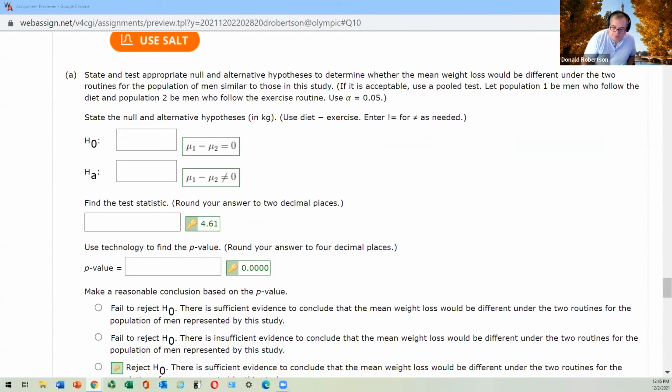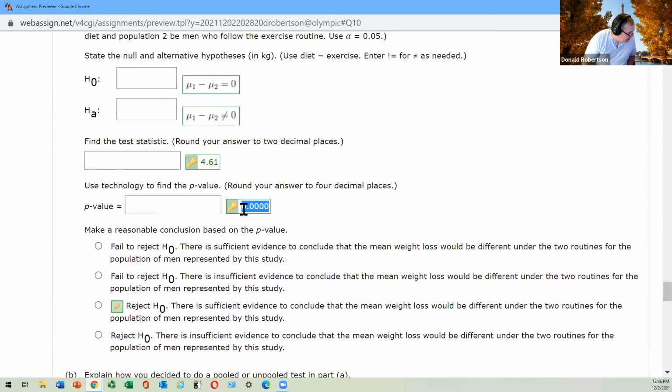Right, I forgot to put the not equals in. Yeah, the p-value is less than, well, it's 0.00013 to 4 decimal places. So yeah, they do agree, good. Now, is that number less than 0.05? Yes, it is.